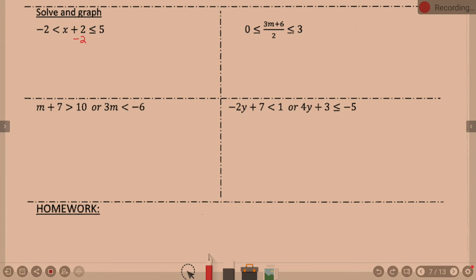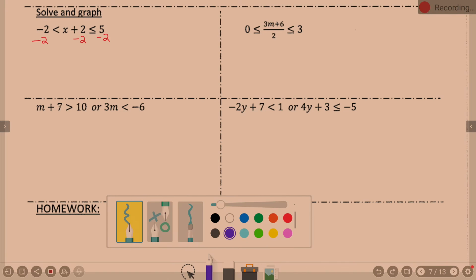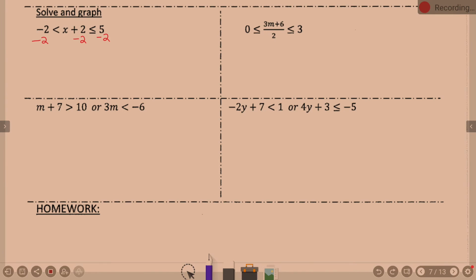Now, if you subtract 2 in the middle, we're going to have to subtract 2 on the left and on the right. There's 3 sides, so you're subtracting 2 3 times. The left, the middle, the right. Negative 2 minus 2 is not 0. If you're at negative 2 and you go 2 farther to the left, you're at negative 4.